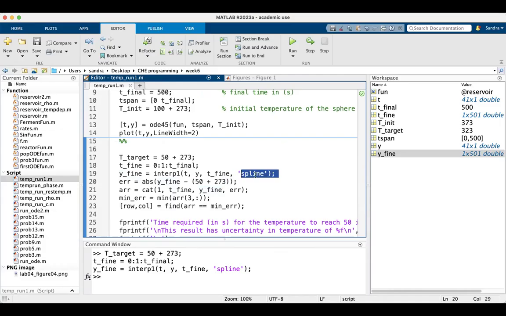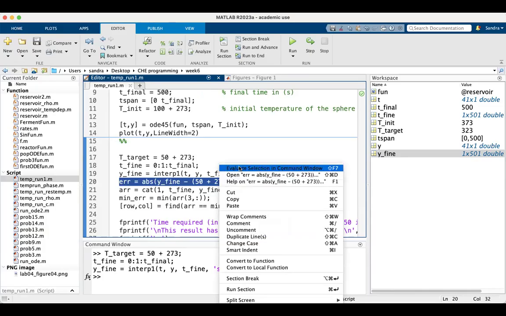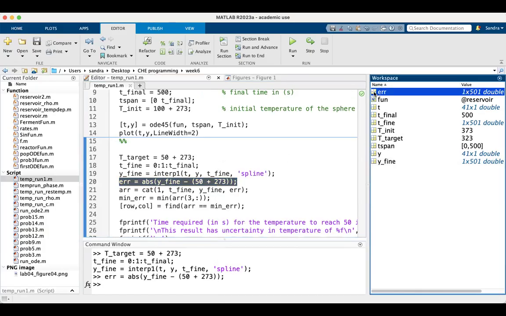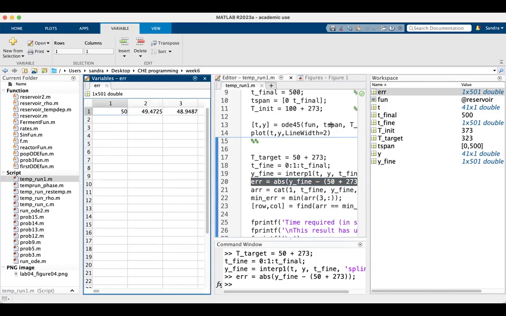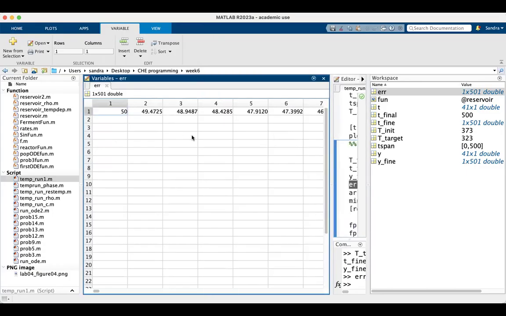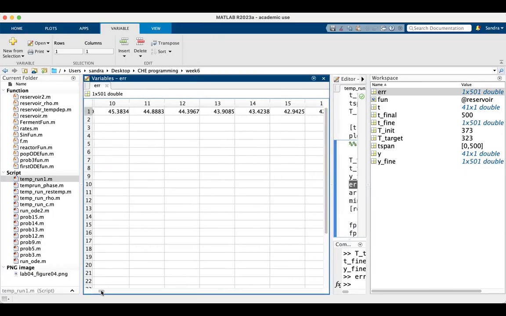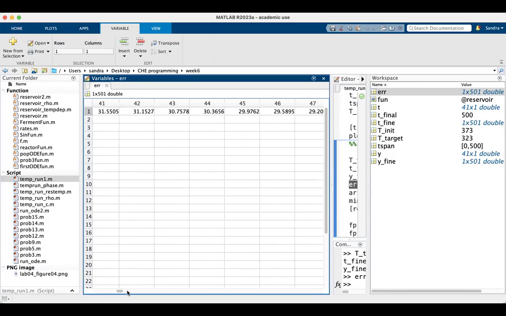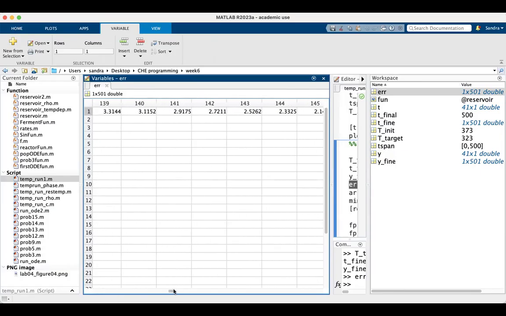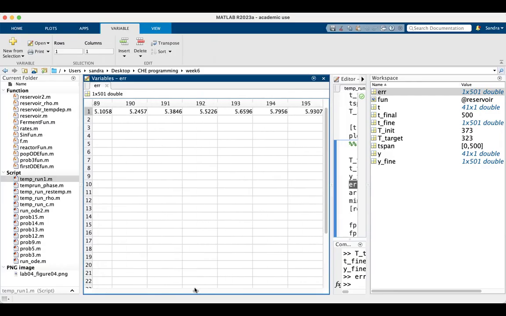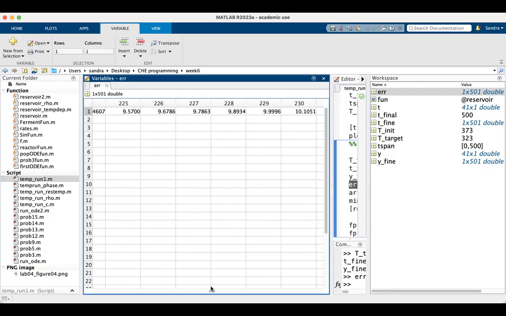So you will get the error function. Let's see how the error function behaves. The error was 50, and it keeps on decreasing, 40, 35, and finally at one point it will be equal to 0. Let me just see where that 0 is.